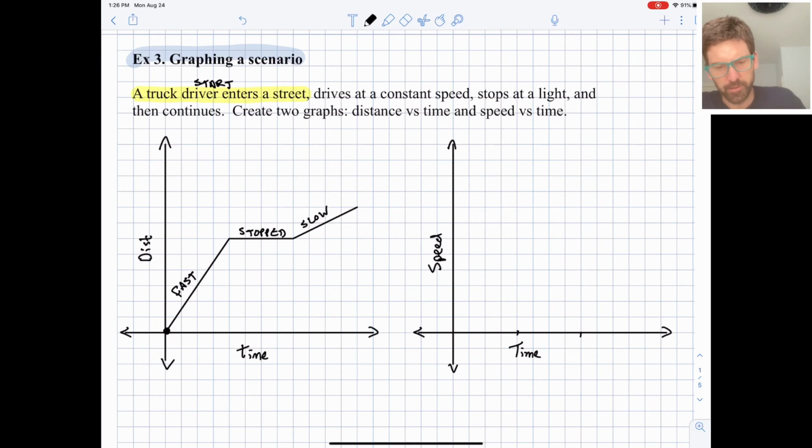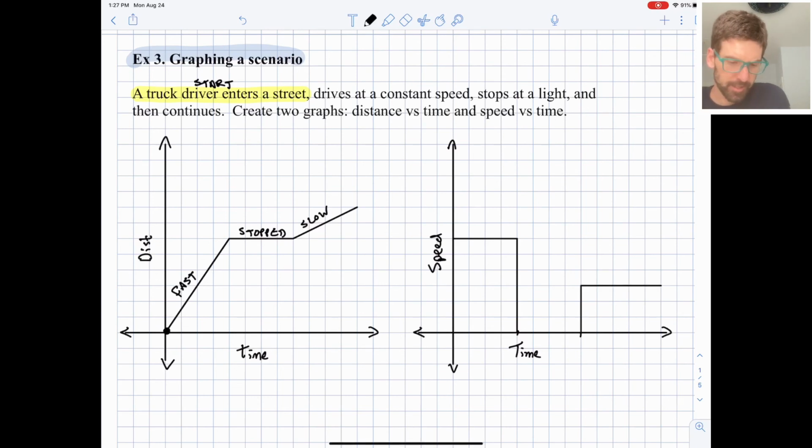So the truck was going at a particular speed from the beginning, okay? The truck wasn't stopped at the beginning. The truck was going at a particular speed. And then it stopped at a light, okay? So its speed goes down to 0. And its speed stays at 0. And then it goes up, the light turns green, and it goes up to maybe a little bit of a slower speed.